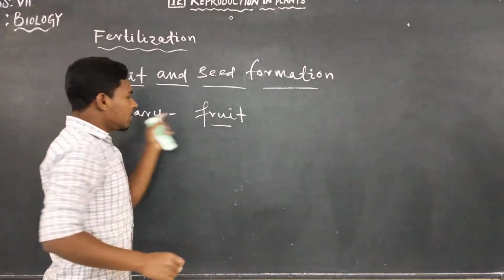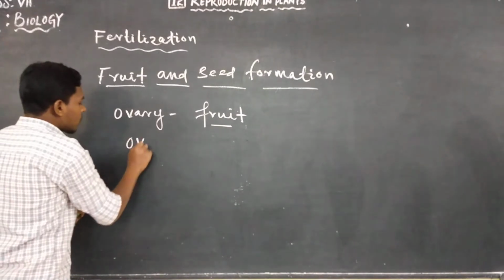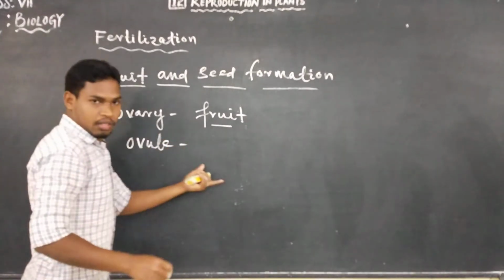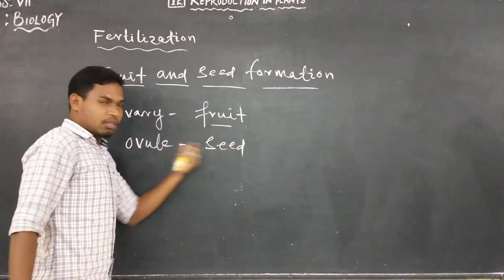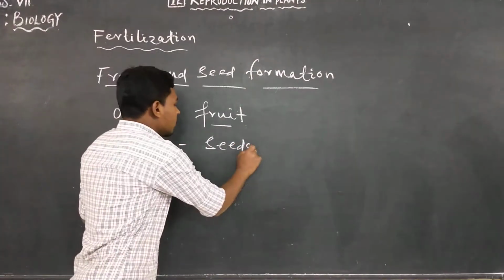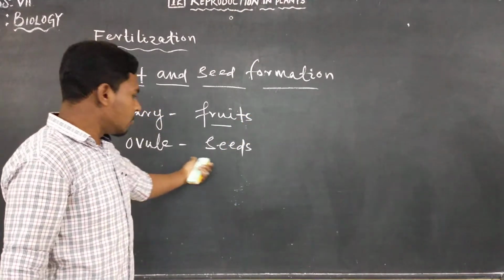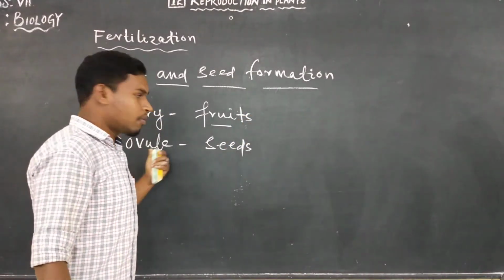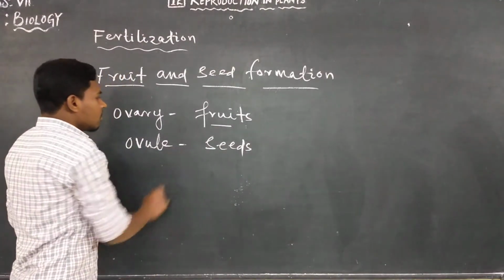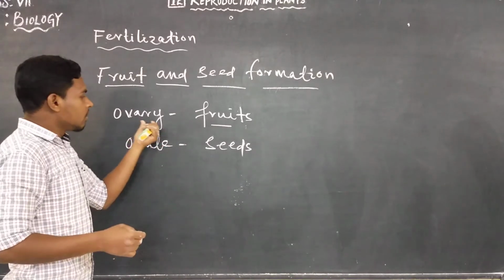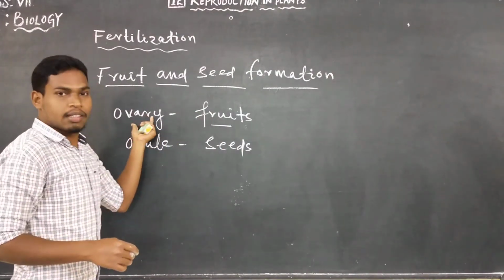The ovary is going to give rise to fruit and the ovule gives rise to seeds. Ovary, fruits; ovule, seeds. So seeds are formed from the ovule. After fertilization only the ovary remains, and fruit is from the ovary.